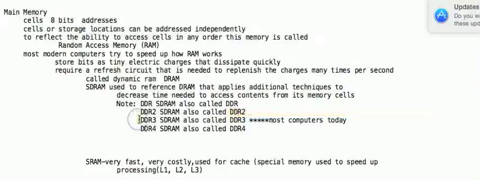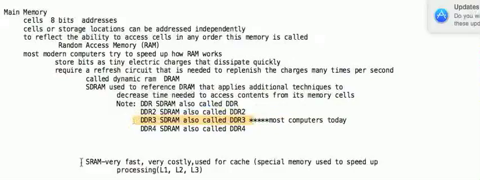And then that was improved to DDR3 SDRAM, which is today known as DDR3. This is the component that's found in most of our computers today. We also now have what we call DDR4 SDRAM, also known as DDR4. But most computers today have this particular product that makes up their main memory.